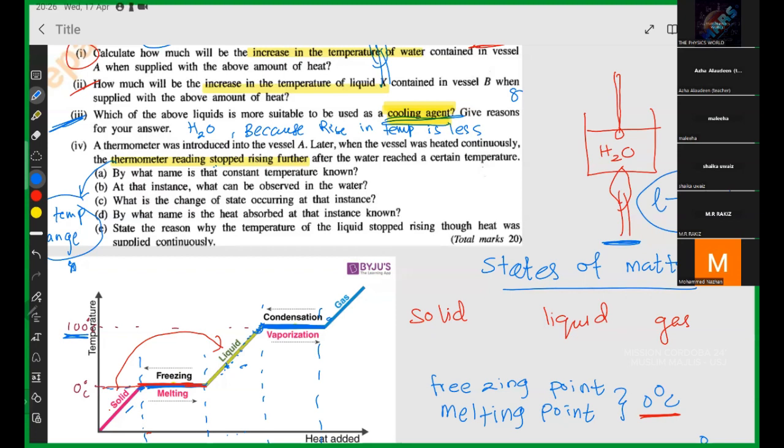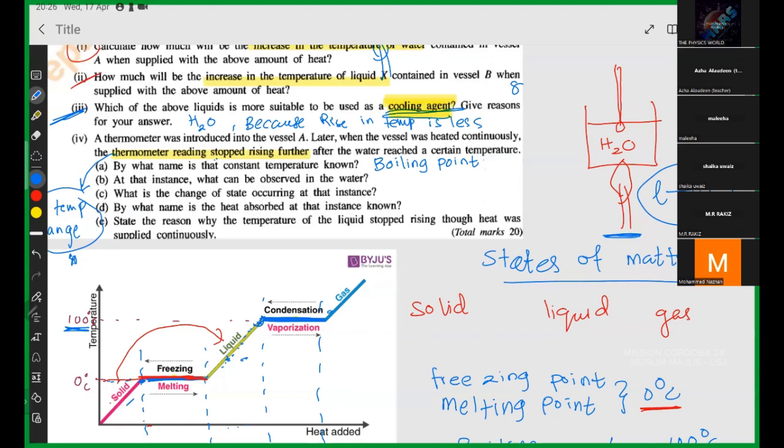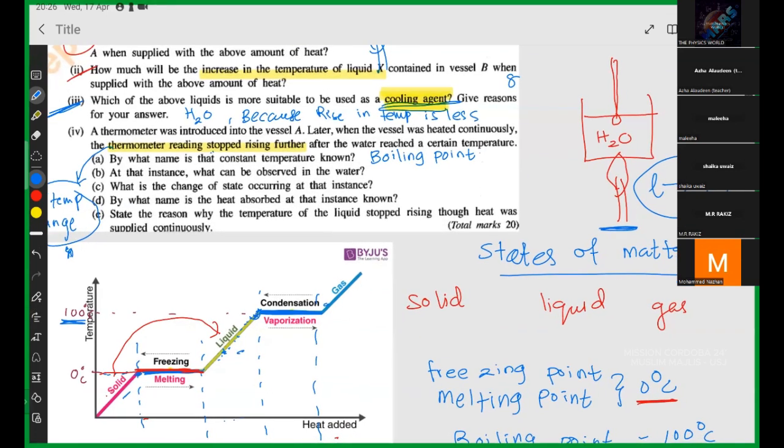Okay. So first, part A: by what name is that constant temperature known? How do you call that constant temperature? It is the boiling point. Okay. At that instance, what is observed in the water? This is a logical question. During the boiling point, when you look at the water, what can you see?